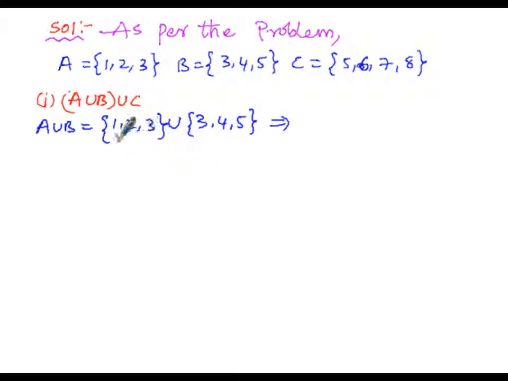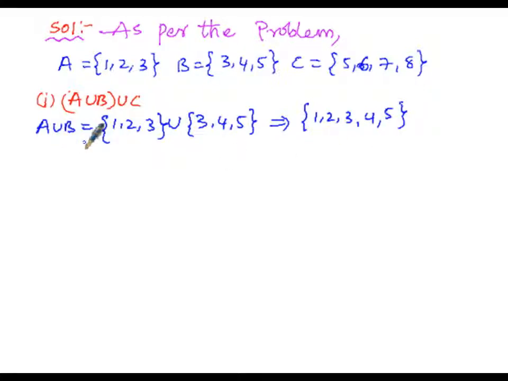Let us write all the elements of the first set, that is A: 1, 2, 3. Then, to include the elements of set B, the elements should not be repeated. 3 is already occurring, so there is no need to include it. 4 is not occurring, so we can include 4 and also 5. Therefore these are the elements of set A union B.